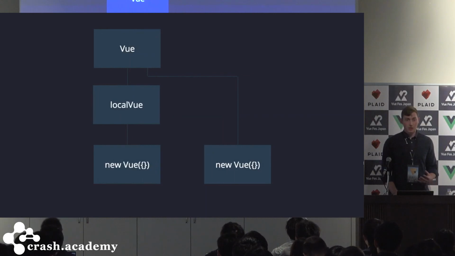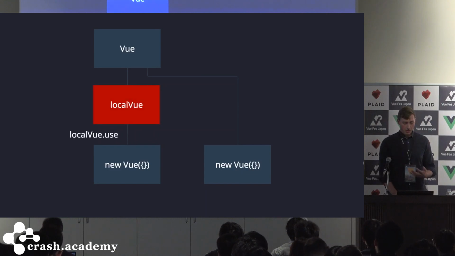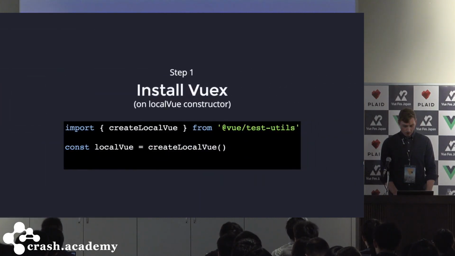So the solution is to use a local Vue constructor. And you can think of a local Vue constructor as the same as a Vue base constructor, except any changes, any plugins that you install on it aren't going to affect the Vue base constructor, and future tests can run without the polluted Vue base constructor. So the first step is to install Vuex on a local Vue constructor.